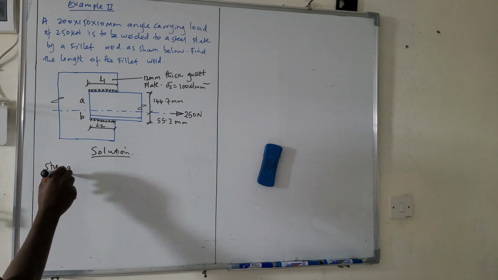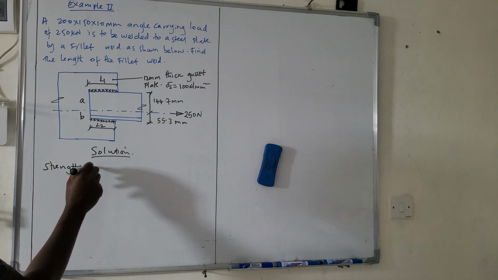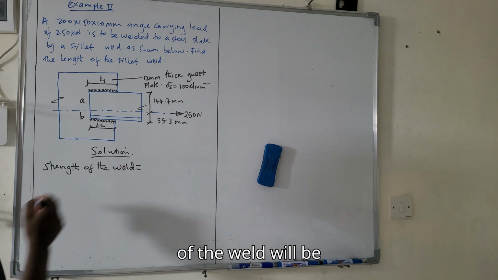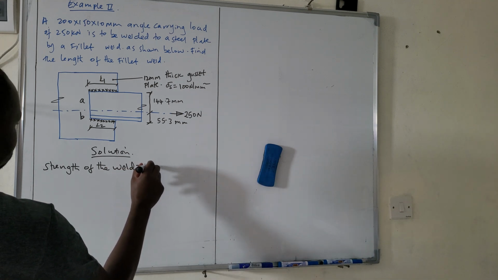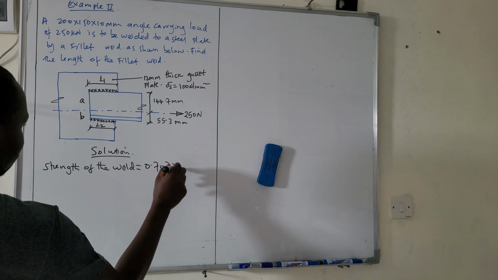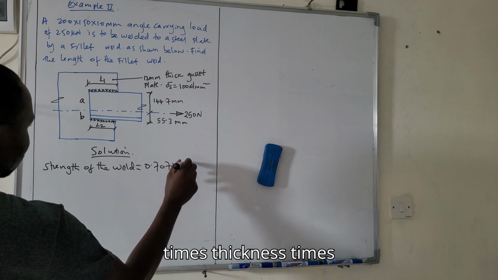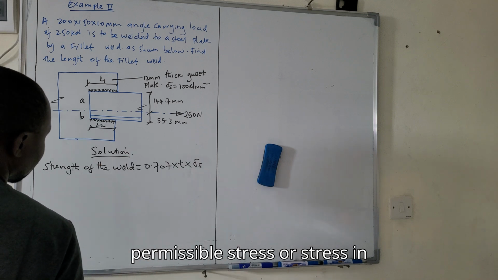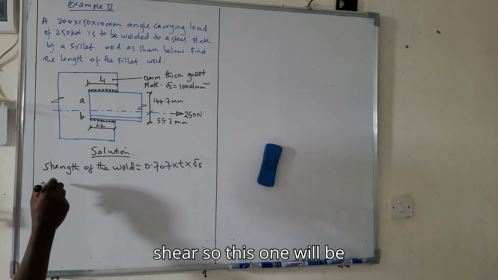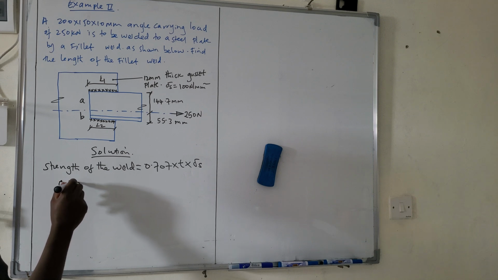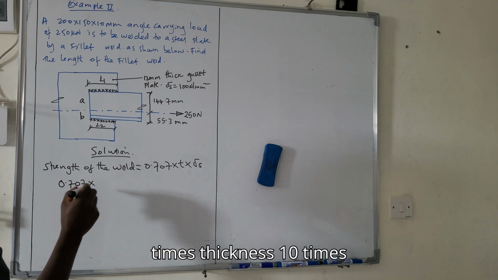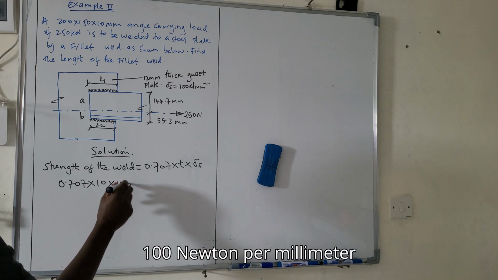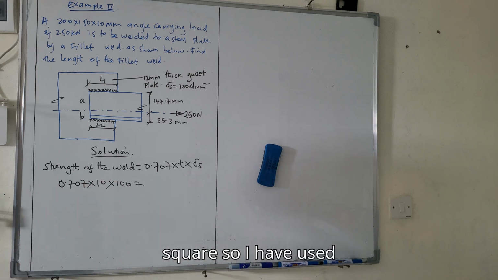So the strength of the weld will be 0.707 times thickness times permissible stress in shear. So this one will be 0.707 times thickness 10 times 100 Newton per millimeter square.